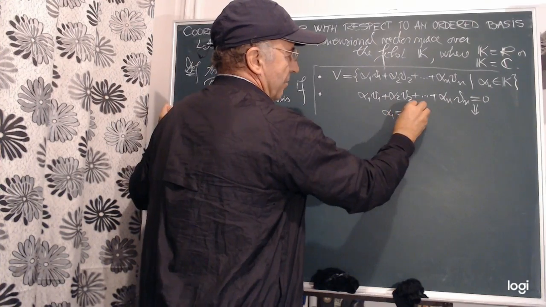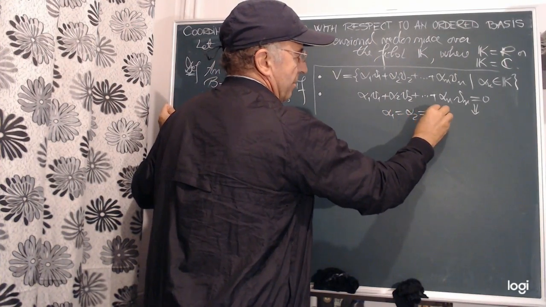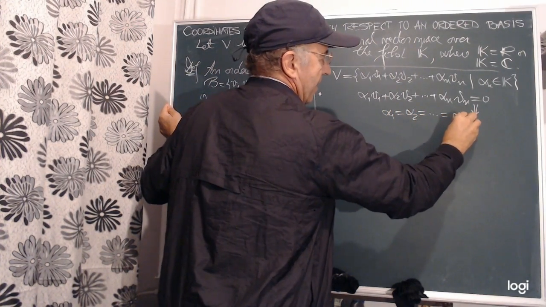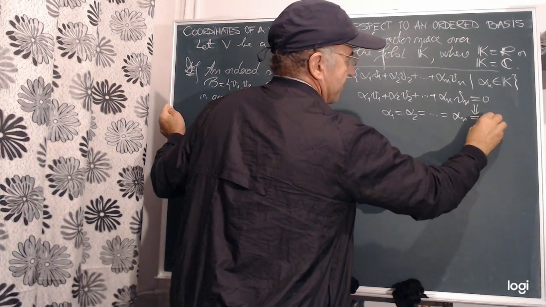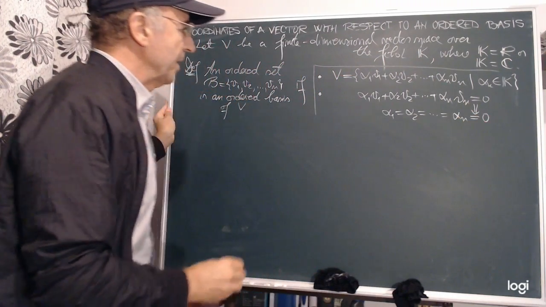Alpha 1 equals alpha 2 equals so on equals alpha n equals zero.